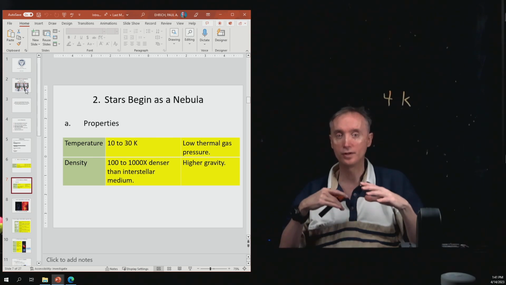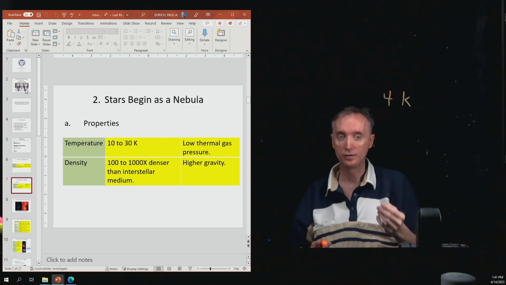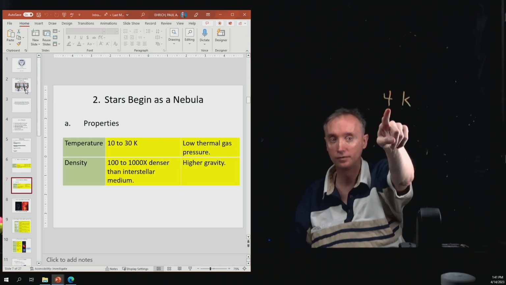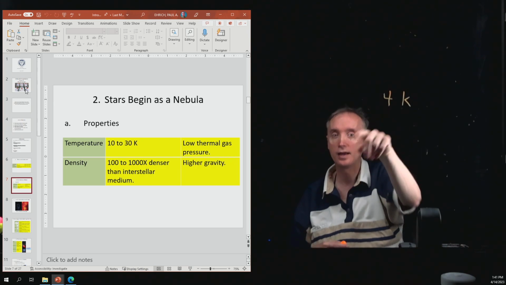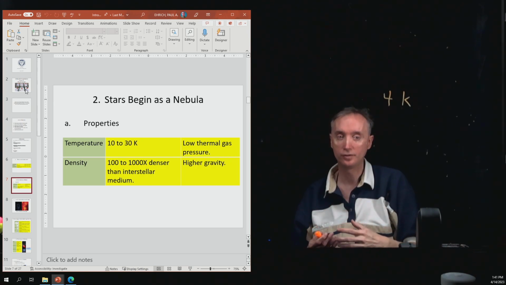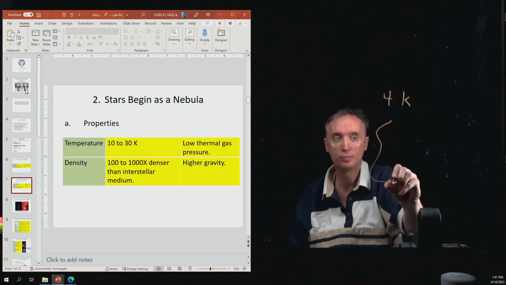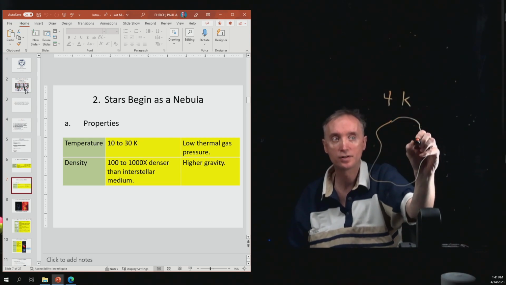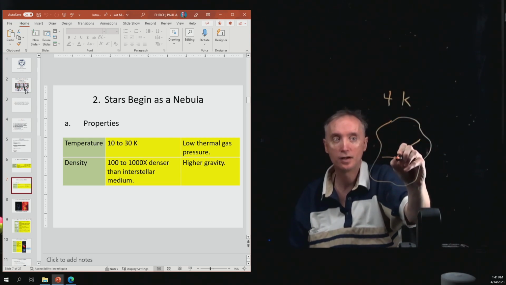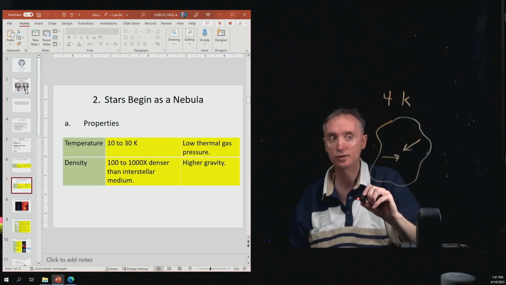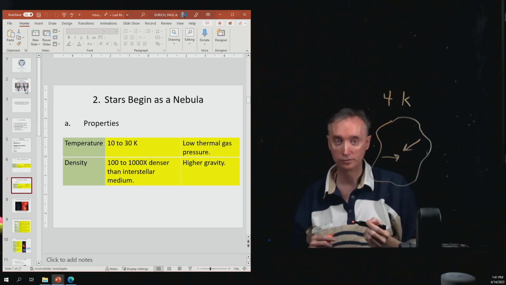Now it's not important that you know the number, but notice it's bigger than 4, and it's just enough to cause problems. Because what we want is for this ball of gas to collapse because of gravity and then turn into a star.